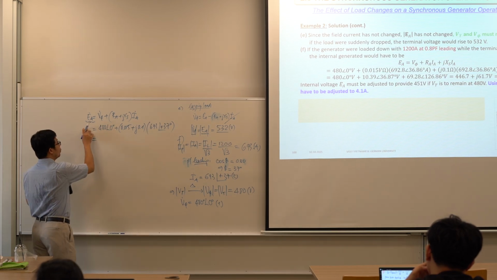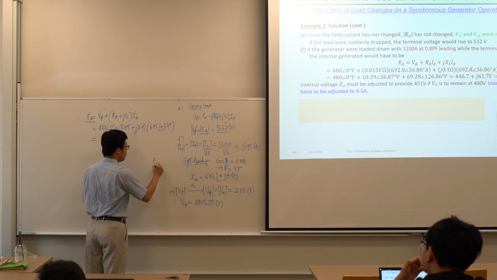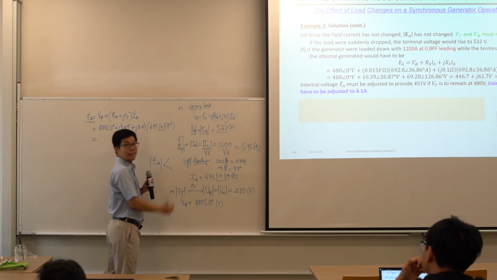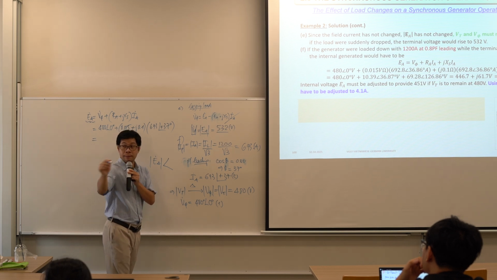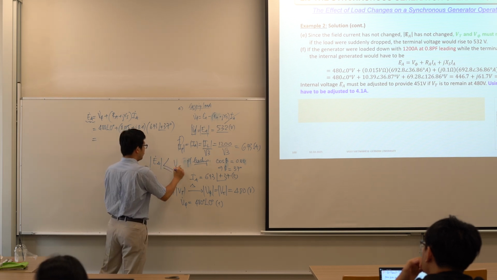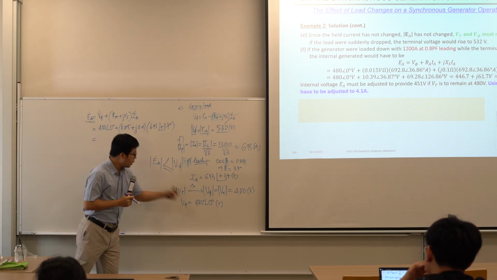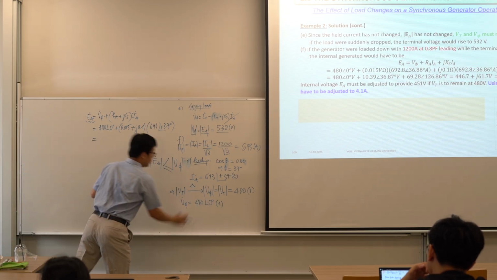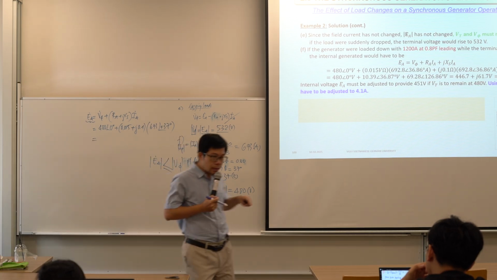Because this is leading, we have the observation: EA must be less than or equal to V phase. We have the comparisons before. Now double check, V phase is 480 volt, so EA is less than V phase.